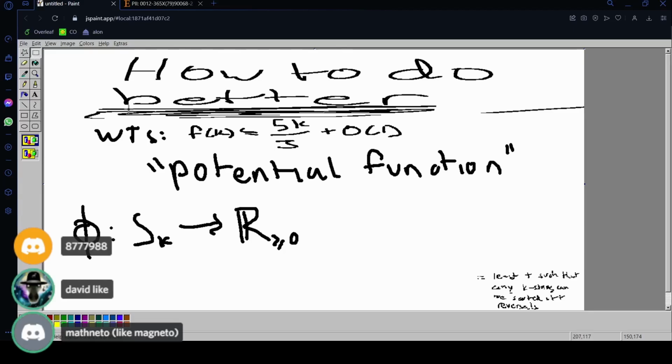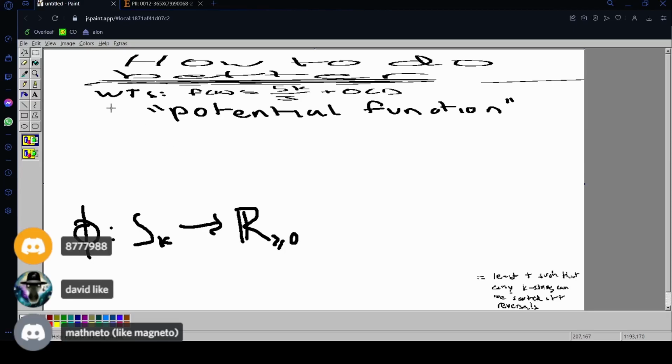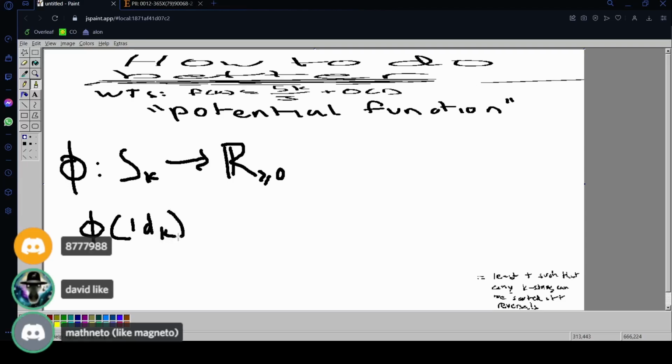So we're gonna define a function phi from our k strings to positive numbers, and we want a few things. We want phi of the identity string, the sorted string, to be 0.